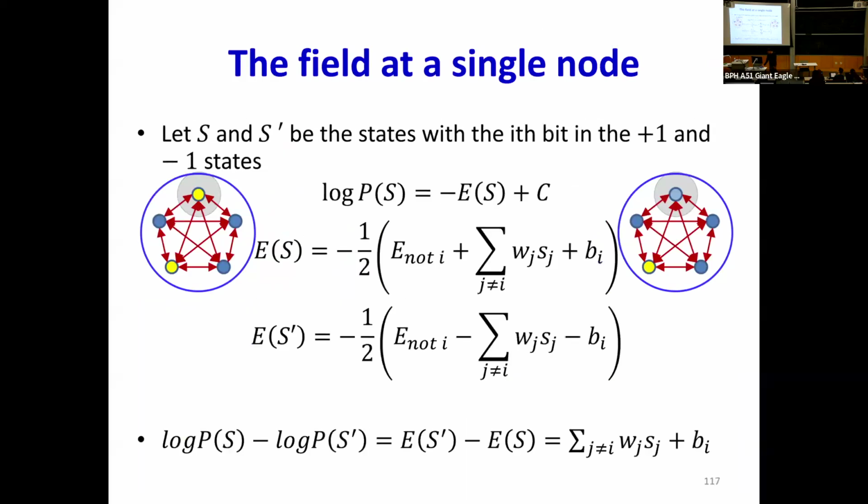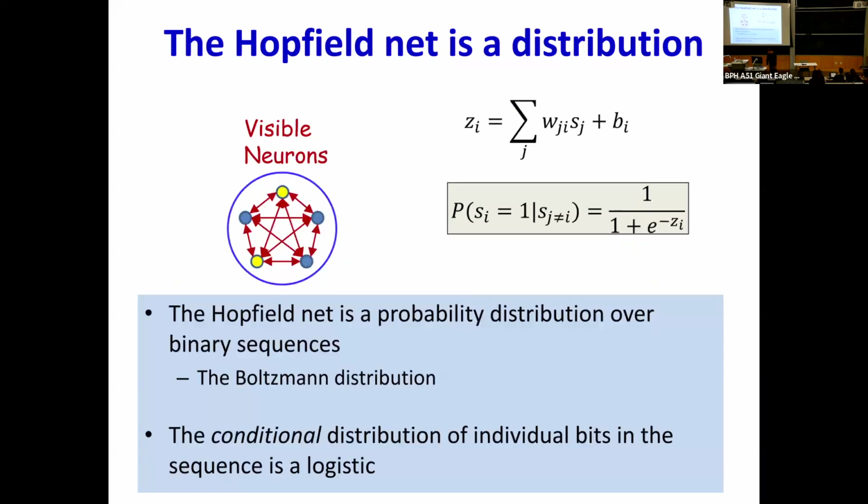And how does it evolve? I'll skip the math, but here's how it evolves. Earlier, every neuron just considered its local field and flipped itself to align itself with the local field. Now, if you work through the math, you would find that the neuron behaves slightly differently.